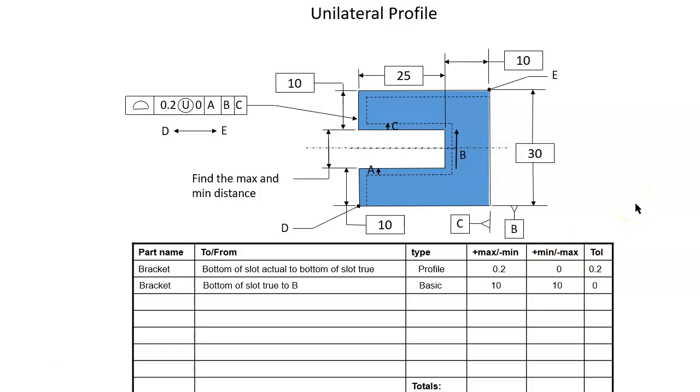And then we go true profile to true profile, our basic 10, and then true profile to the actual worst case again, going in a positive direction, and therefore we put the entire value in the left, 0 in the right, and we get our total of 10.4 max and 10 min.